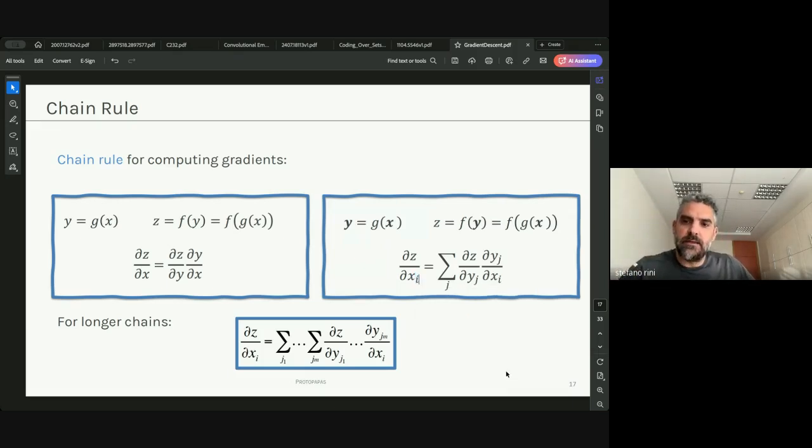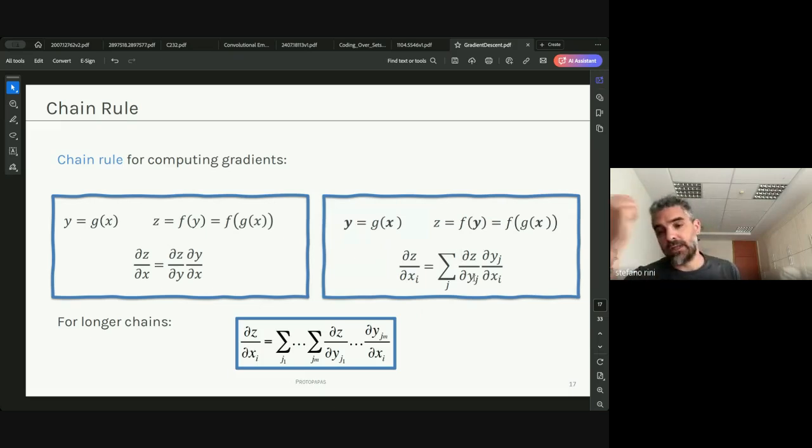Then the chain rule also works, right? Meaning that we go from the partial z, partial y_j. Then I go partial y_j, partial x_i. And I sum over the j. So you can imagine this way, right? I do the partial of my scalar output with respect to all of the coordinates of the vector y.